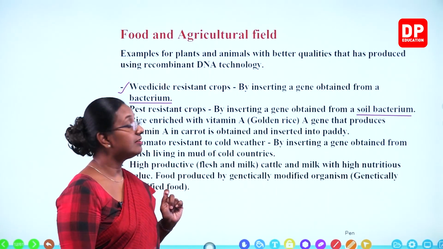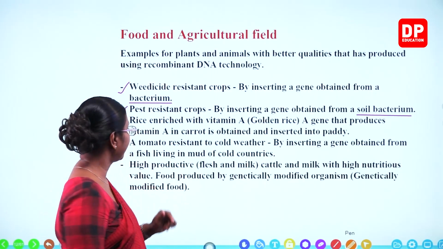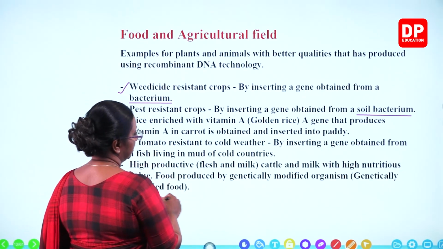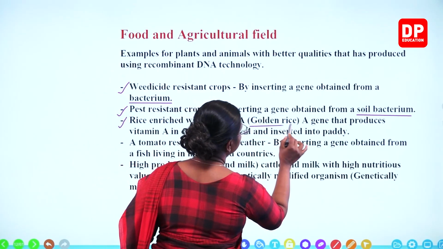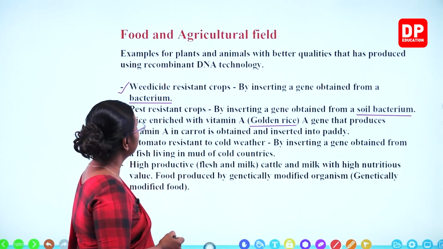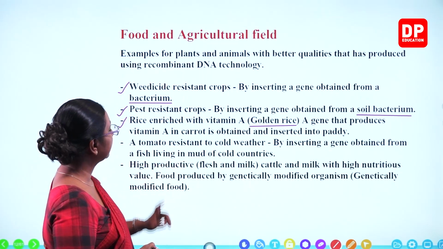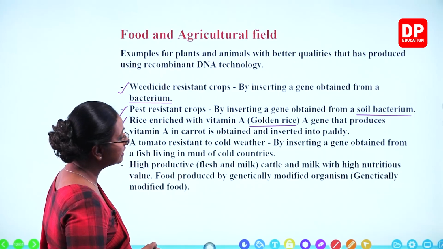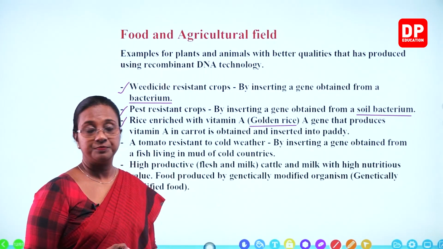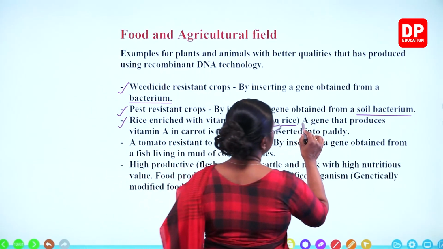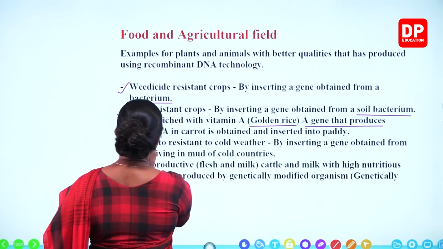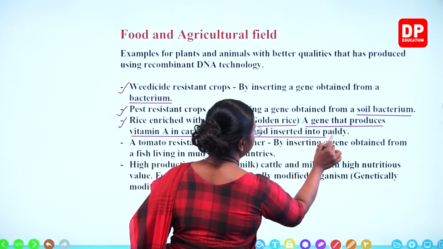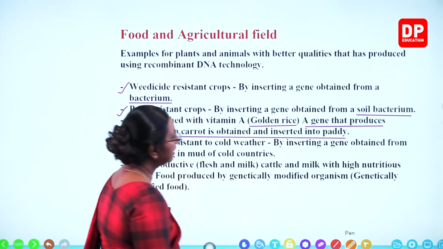Then rice enriched with vitamin A, golden rice, that you are familiar with. So golden rice. A gene that produces vitamin A in carrot is obtained and inserted into paddy.